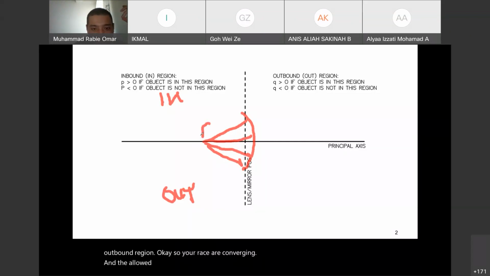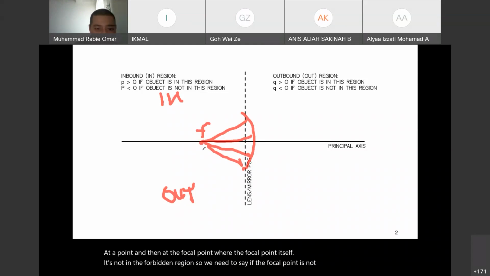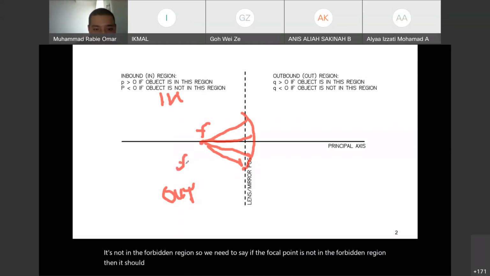So your F here should be positive. So basically for the concave mirror like this, the rays are converging at the focal point, where the focal point itself is not in the forbidden region. So meaning to say, if the focal point is not in the forbidden region, then F, the focal point, should be greater than 0.